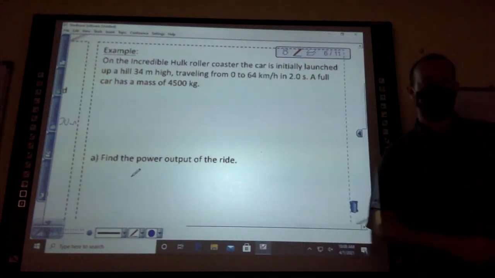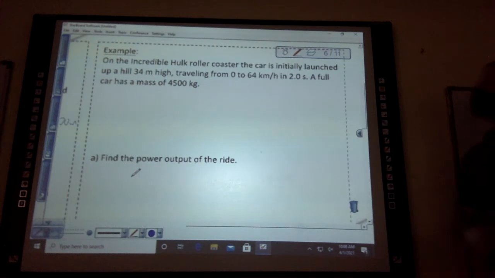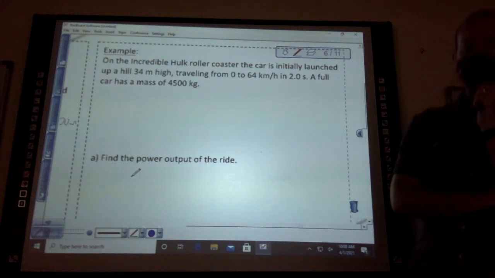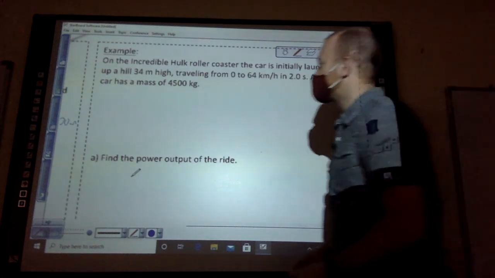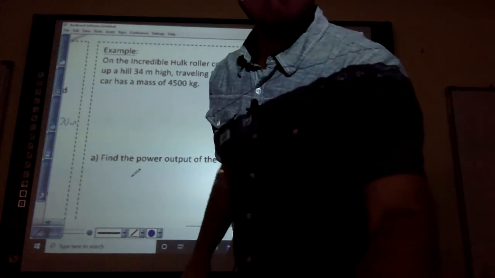We'll see if this year's different. So we've got the Incredible Hulk roller coaster. You've got a car that's initially launched up a hill, traveling from 0 to 40 or 64 kilometers an hour in 2 seconds. A full car has this mass. So we want to know, oh, I remember why this is confusing, because I forget where the output and the input is.